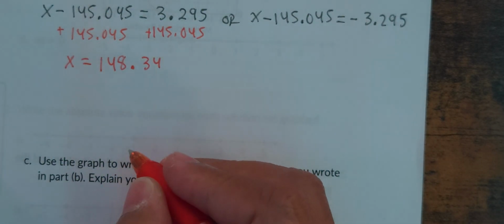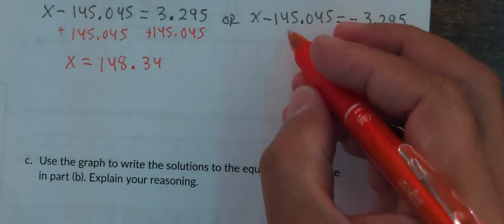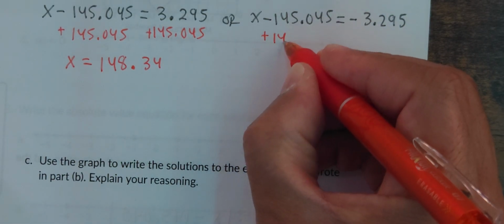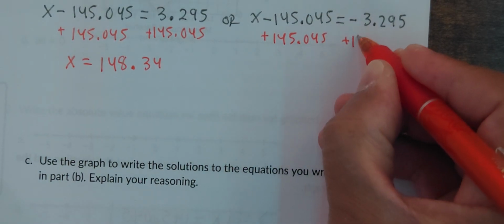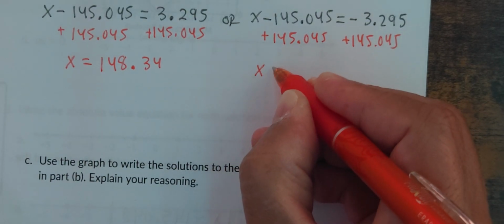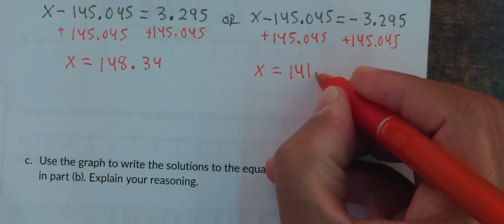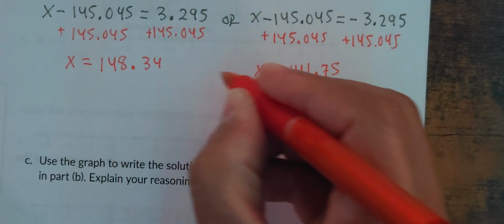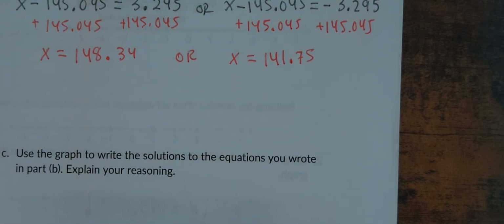That's this equation. Okay, so one intersection happens here. The other, same thing. I'm going to add 145.045 to both sides of the equal sign. And then this will give me x equals, for this one, 141.75. So there we have the x coordinates of the two intersections.